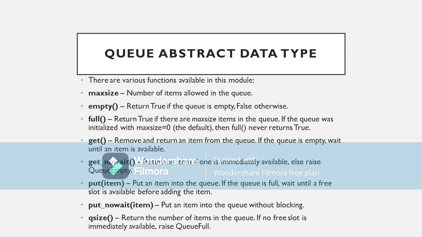If the queue is full, it waits until a free slot is available before adding the item. Then put_nowait(item) puts an item into the queue without blocking. If no free slot is immediately available, it raises queue.Full. Then the qsize() function returns the number of items in the queue.